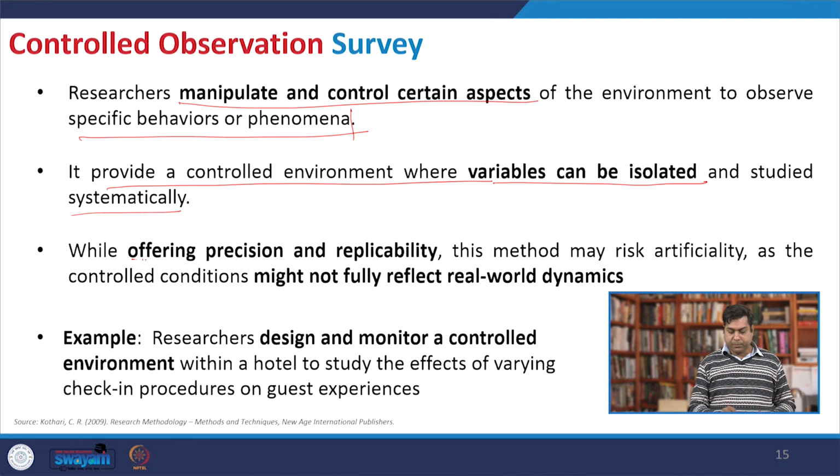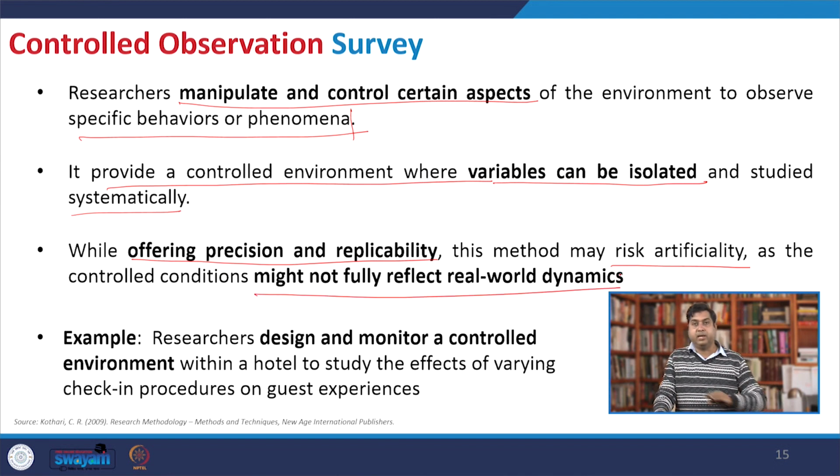While offering the precision and replicability of this method, it carries some risk of artificiality, as the control condition might not reflect real-world dynamic scenarios. So in such cases it may not be the same as natural behavior.